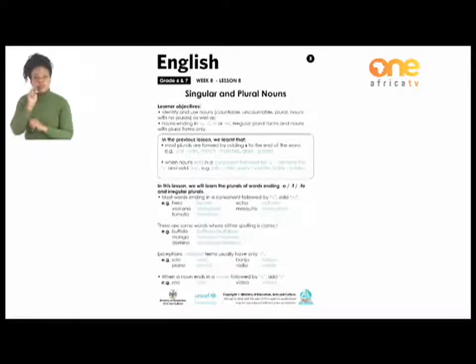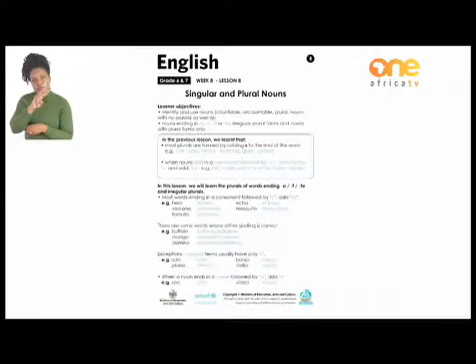For most words ending in a consonant followed by O, we add ES. For example, hero becomes heroes, echo, echoes, volcano, volcanoes, mosquito, mosquitoes, tomato, tomatoes. There are some words where either spelling is correct.